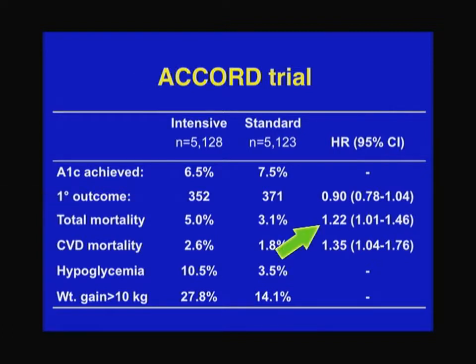But when we looked at mortality, there was a 22% increased risk of dying if you were in this intensive group. So not only did this suggest that tight control wasn't better, but it raised the question of maybe tight control was worse.